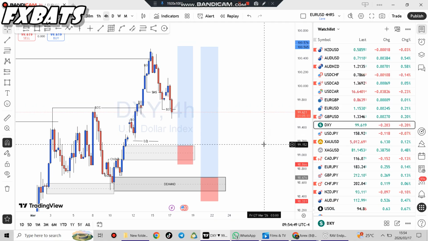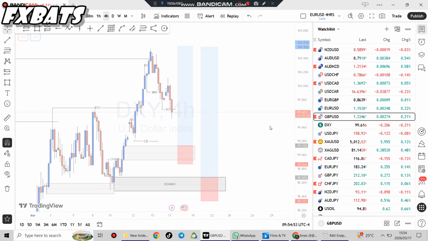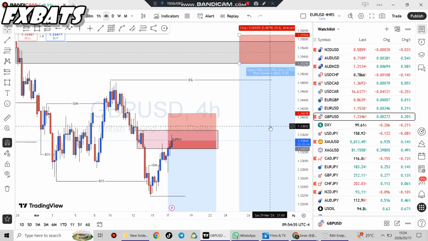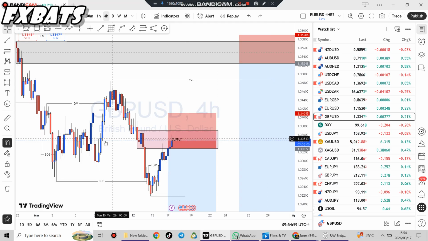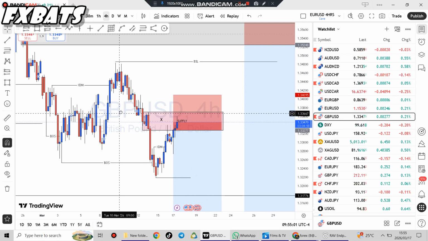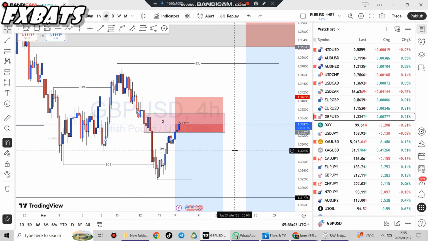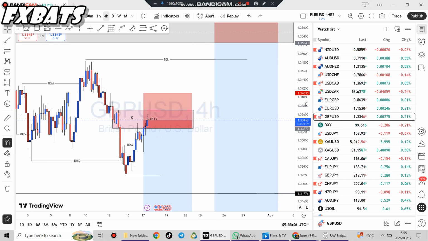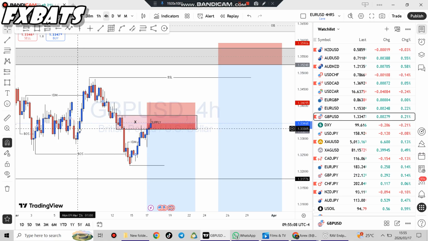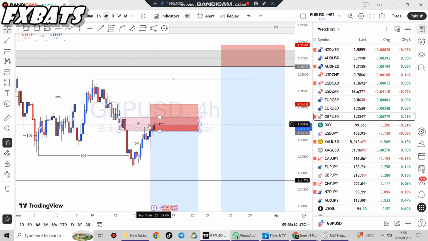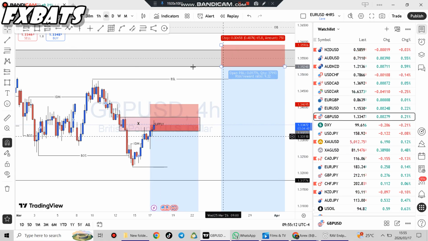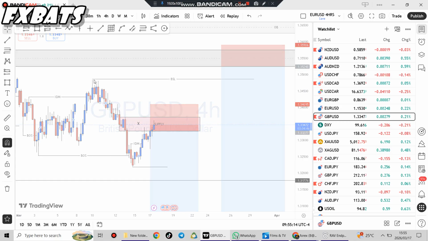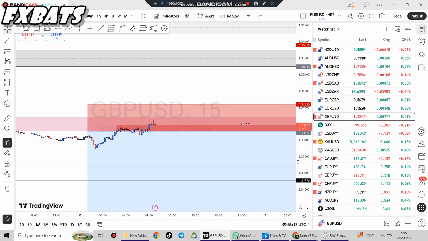On the contrary, we have GU, that's GBP USD, which as you see is contrary to the DXY. You can see I marked my areas of supply, and I'm still eyeing this current area of supply. I'm not yet convinced to take trades on it unless I get confirmation on the lower time frame, which is 15.